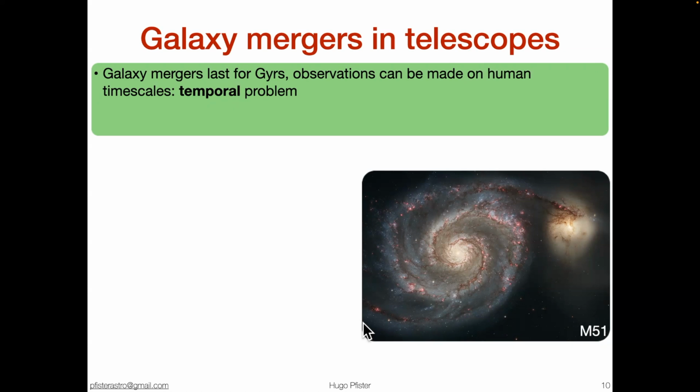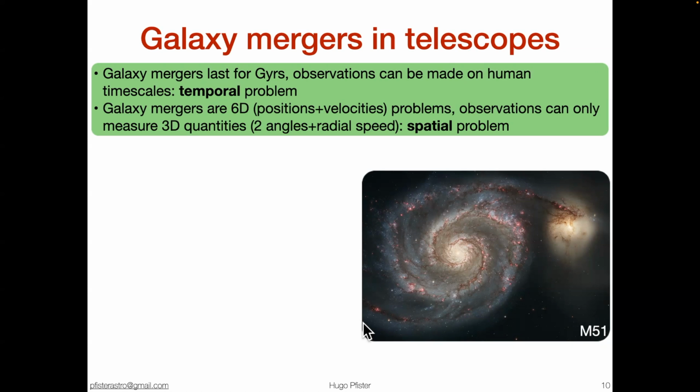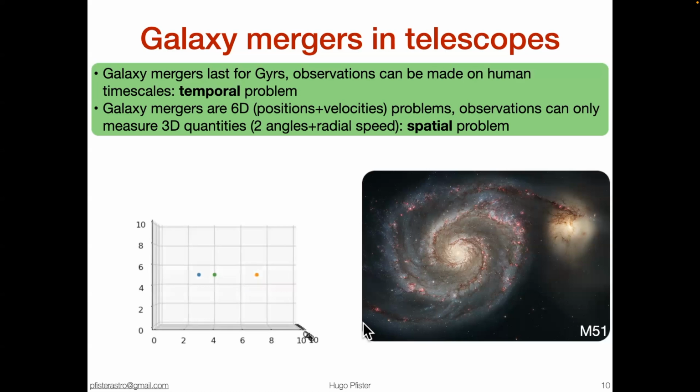But there is another problem which is inherent to astronomy in general, which is that galaxies move in space, so you need 3 coordinates, x, y, z, and they have a relative velocity, vx, vy, vz, so this is a 6D problem. But you cannot turn around galaxies. And here, for instance, you have the blue dots and the green dots.